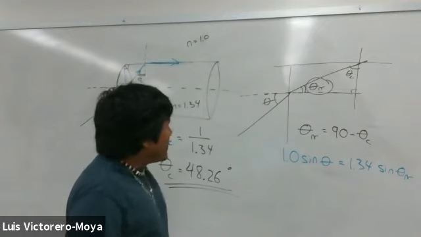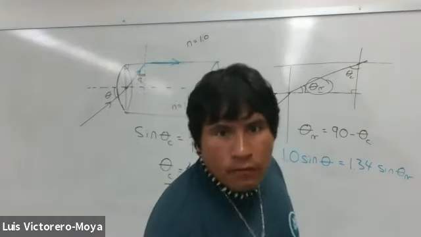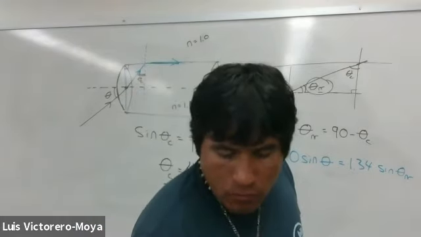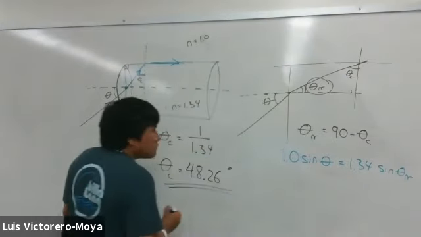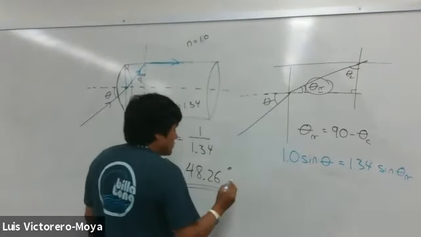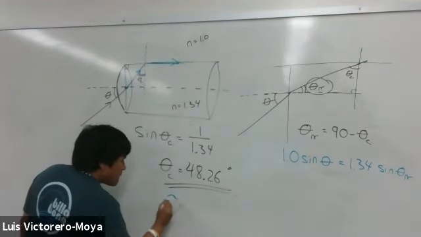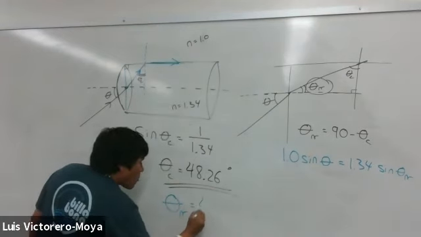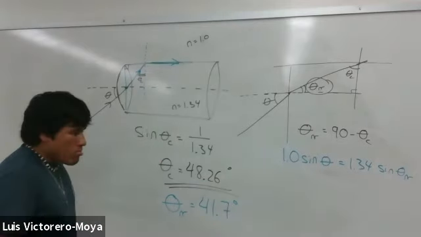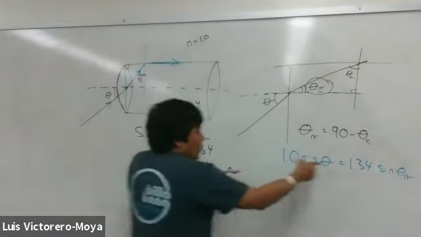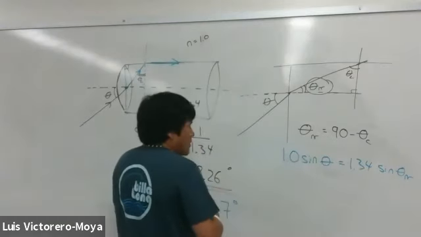Okay, so 90 minus theta critical is 41.7. So theta r here, and I use the Snell's law here to find this.